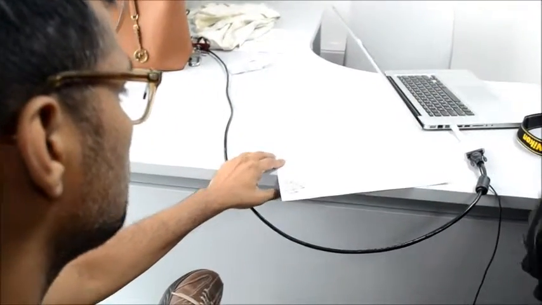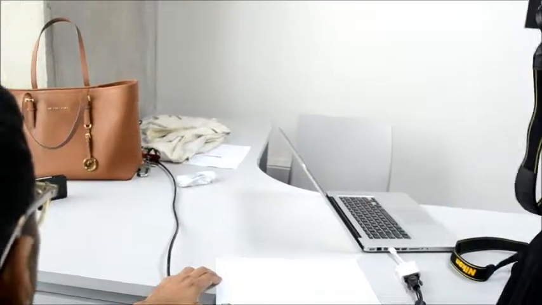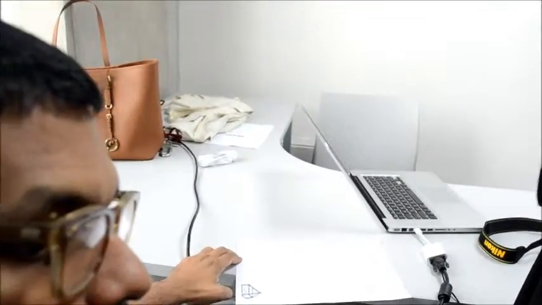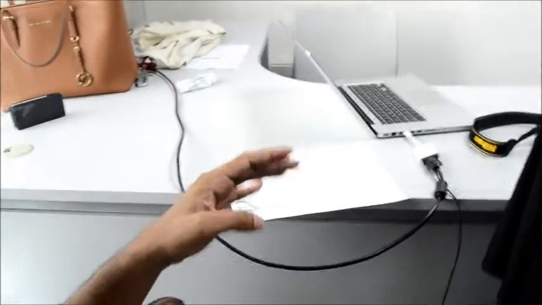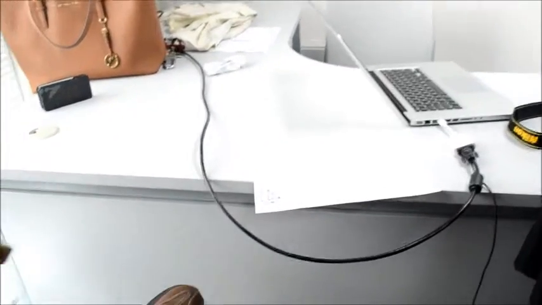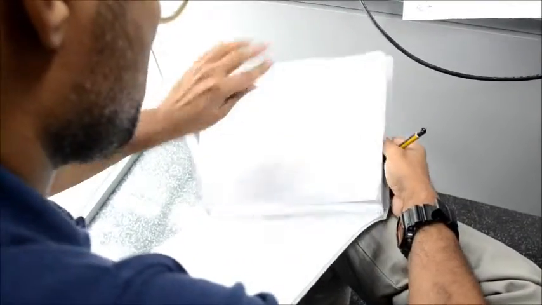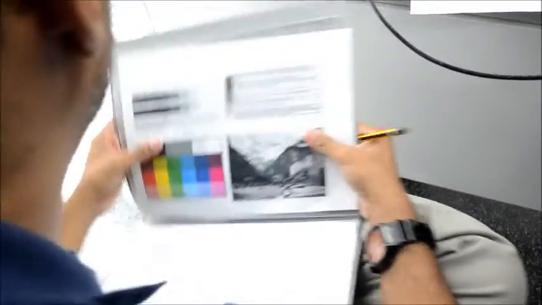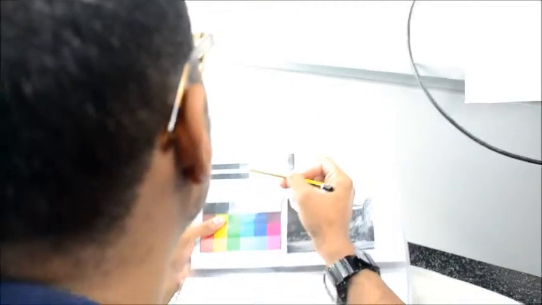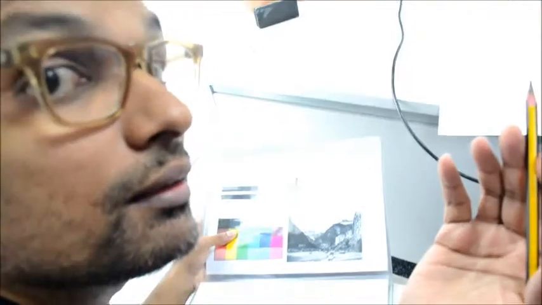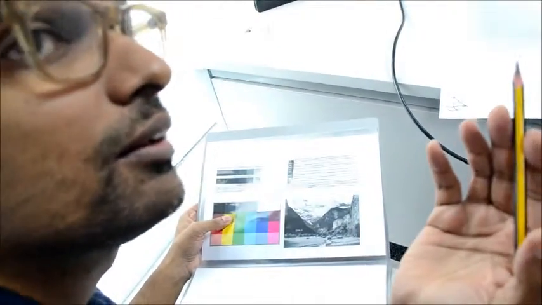Okay, so now give me the zone chart, quick. The scale. Okay, so now looking at the scale, now remember all these readings, it's giving me information.